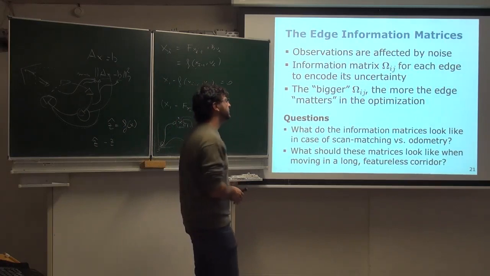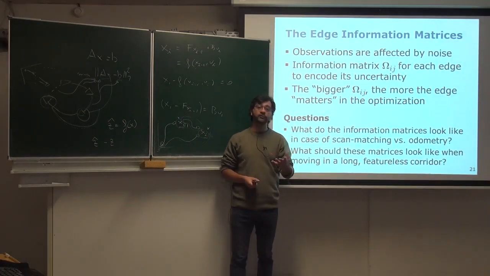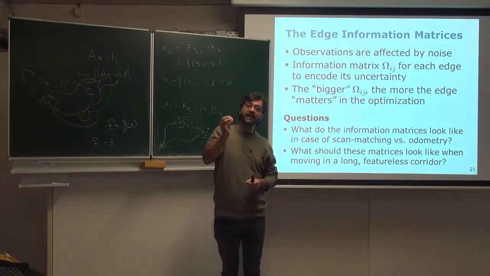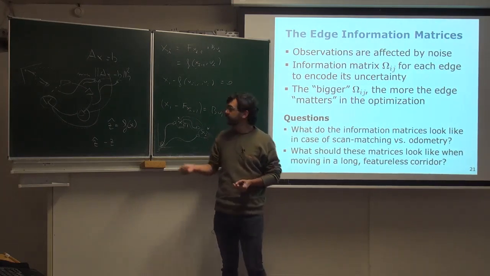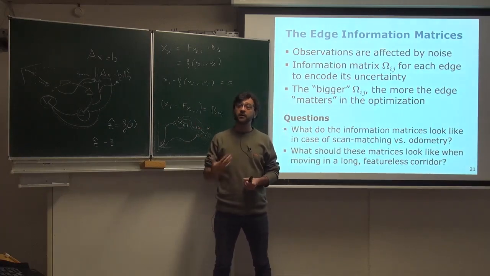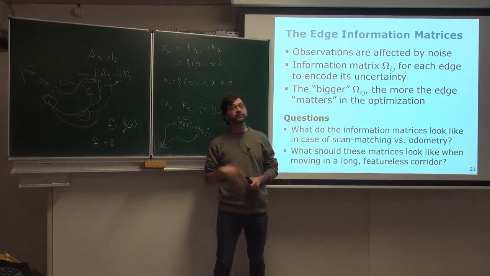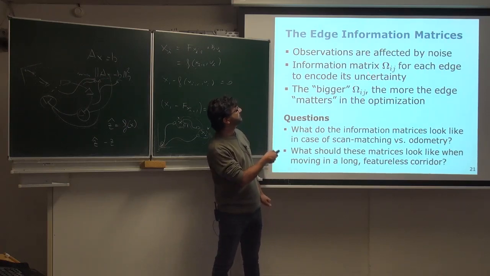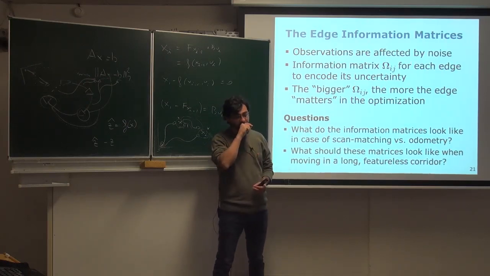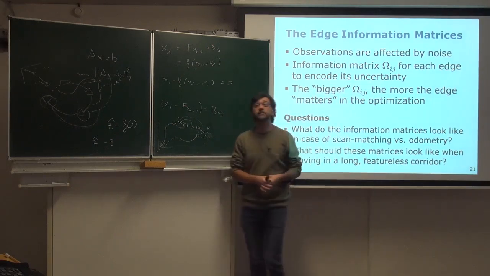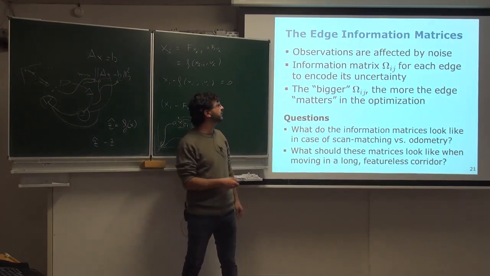Another thing which is also important is the noise in the measurement. So far, considering the transformation, we just considered the value of the measurement itself, the value of the predicted measurement and the value of the observed measurement. But we didn't say anything about noise. Those transformations, those measurements, are always affected by noise. And in this case, when we look at graph-based SLAM and at the least squares approach, we consider the information matrix, and the reason will be clear soon enough.